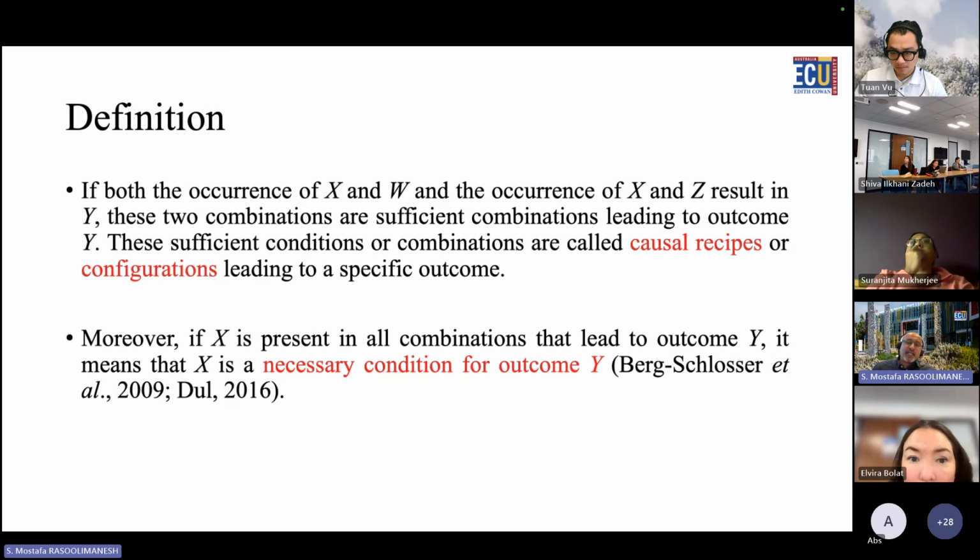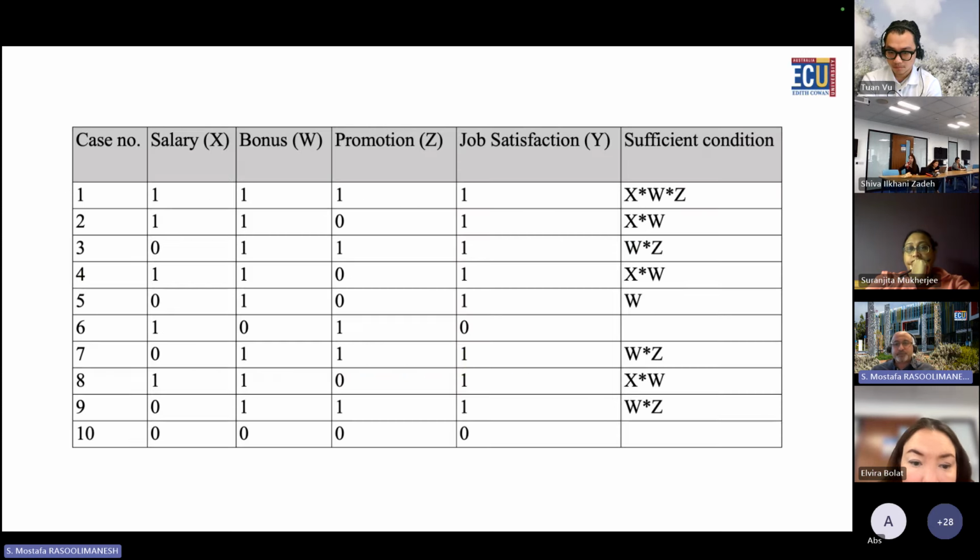If we come back to our example, if salary is repeated for all employees, and all of them, in different groups of people, identify salary as an important factor, it means this condition is necessary to create job satisfaction.